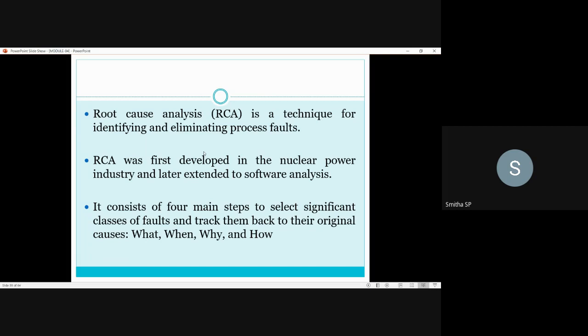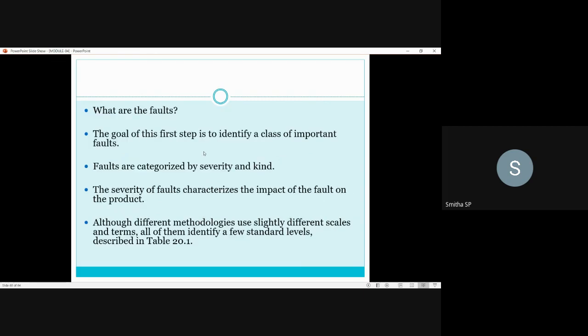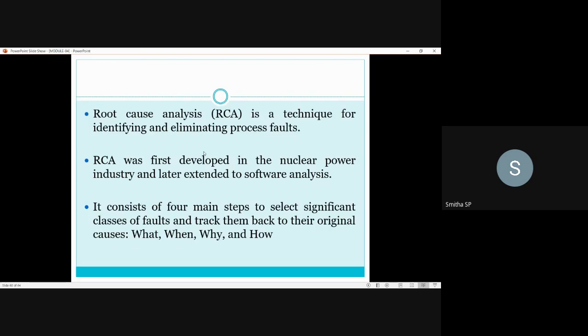These are the 4 steps you have to remember. What is the root cause, when it occurred, why it occurred, and how to eliminate or resolve it. This is how you have to remember the 4 steps in the RCA technique. Okay, what, when, why and how. Now, what are faults? We will be discussing the first step.